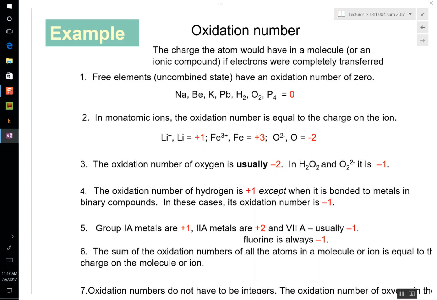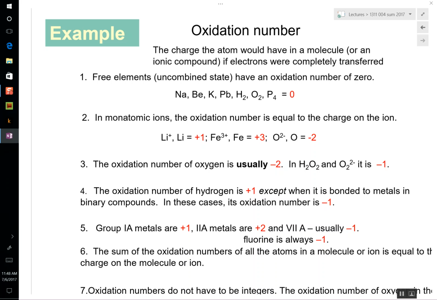Hydrogen peroxide has a -1 on each oxygen, so it is not your -2 oxygen ion. That's an exception. Oxygen is usually always going to be -2, unless you see something weird like hydrogen peroxide.